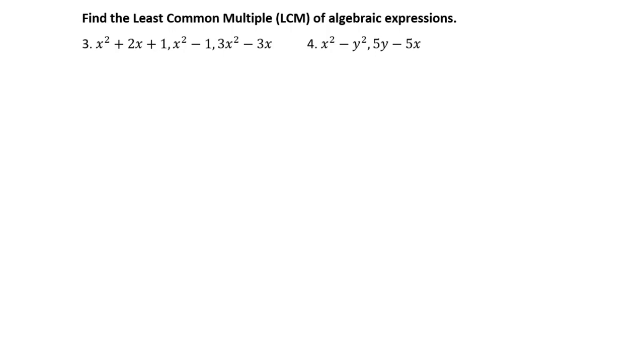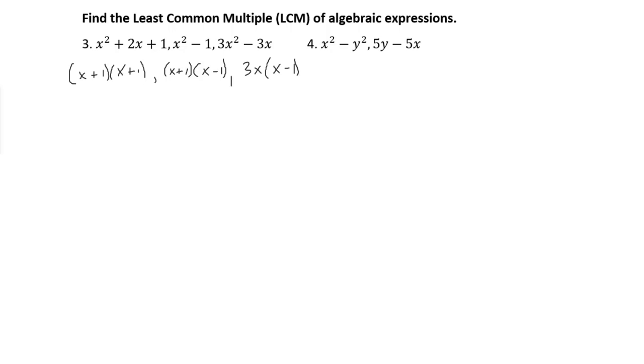All right, so now we're going to do that with polynomials. Here, we're going to factor the first one to x plus 1, x plus 1. The second one is a difference of squares, so that's x plus 1, x minus 1. And the third one here is 3x, x minus 1.